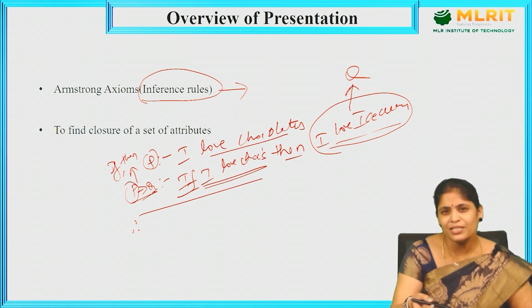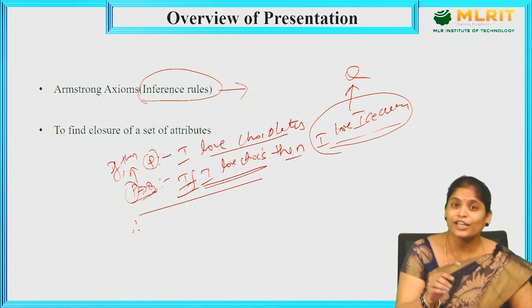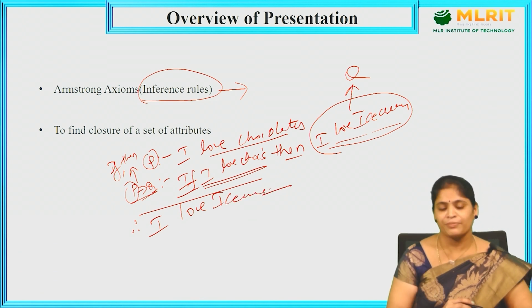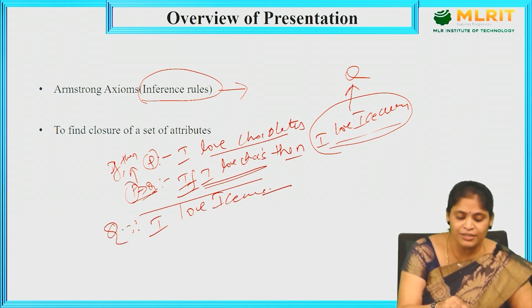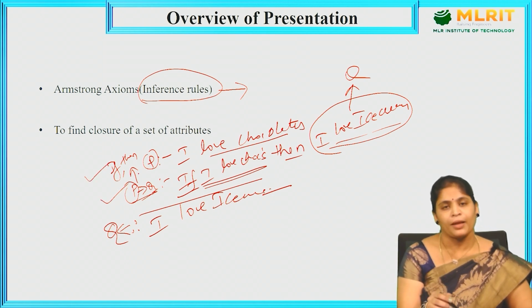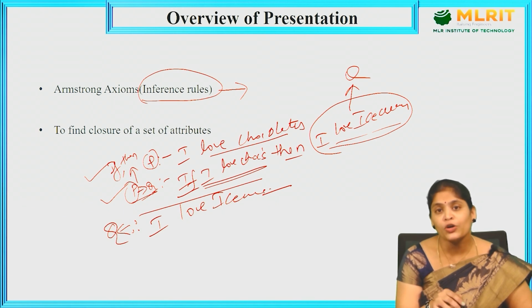So Q is: I love ice cream. With these two sets of statements, we can draw one conclusion. The first statement is that I love chocolates, and the second is that if I love chocolates, then I love ice cream. From these two statements, I can conclude, therefore, I love ice cream. So from P and P implies Q, I can conclude Q.